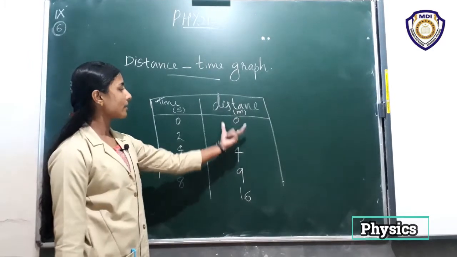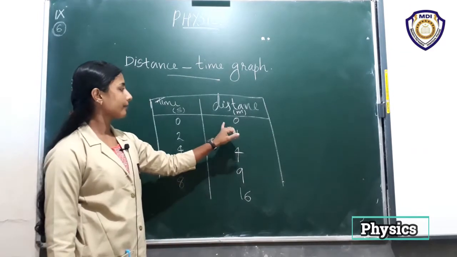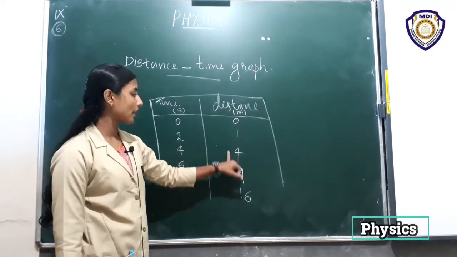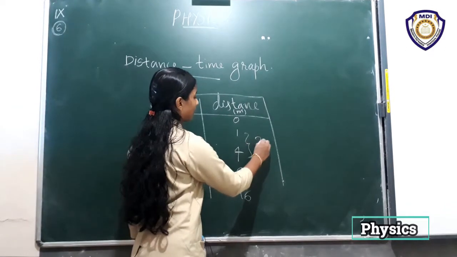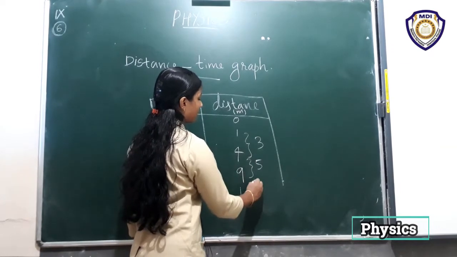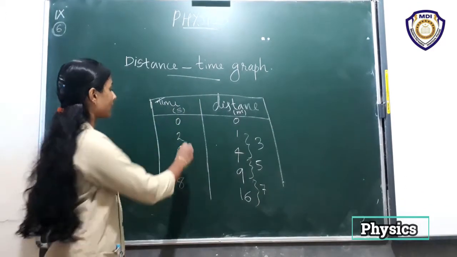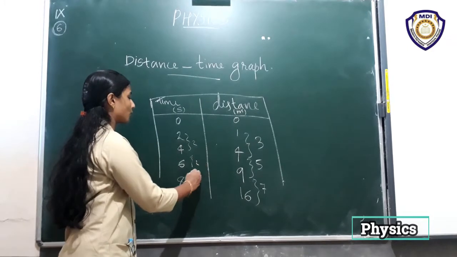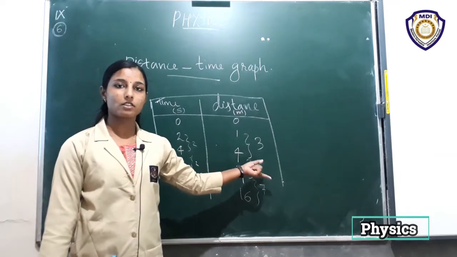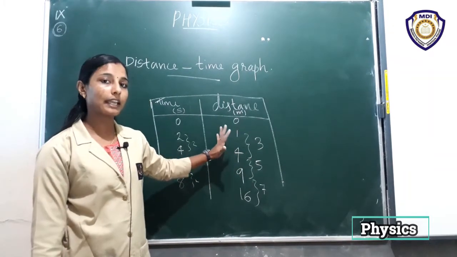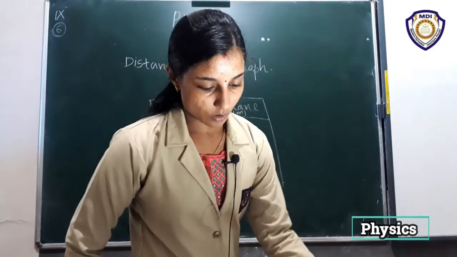So from here you can see the distance covered by the car is not uniform, not equal. Here the difference is 3, here the difference is 5, and here 7. The time interval is always 2, but the distance traveled changes. So this is the case of a non-uniform motion.